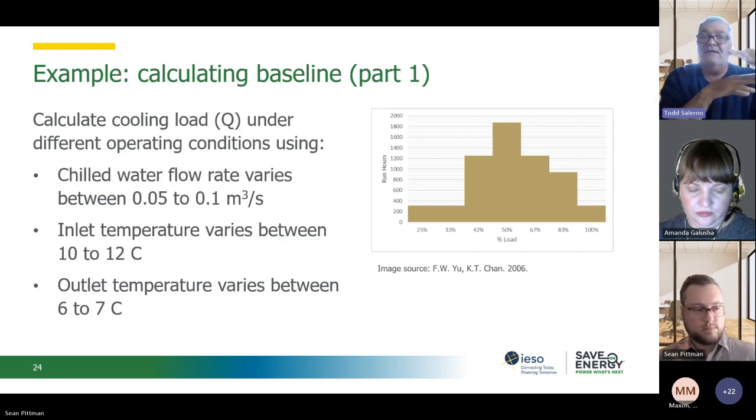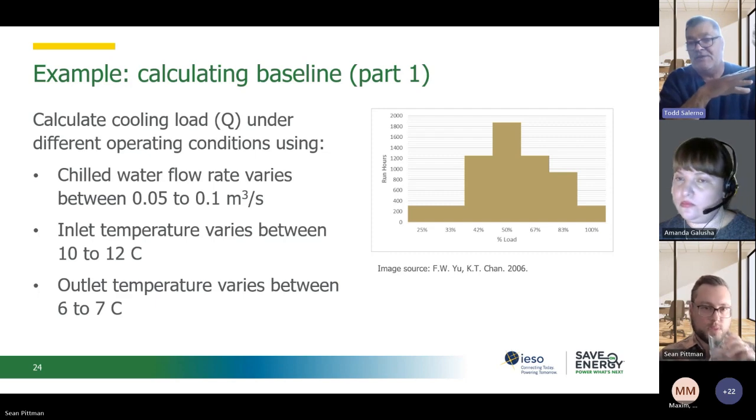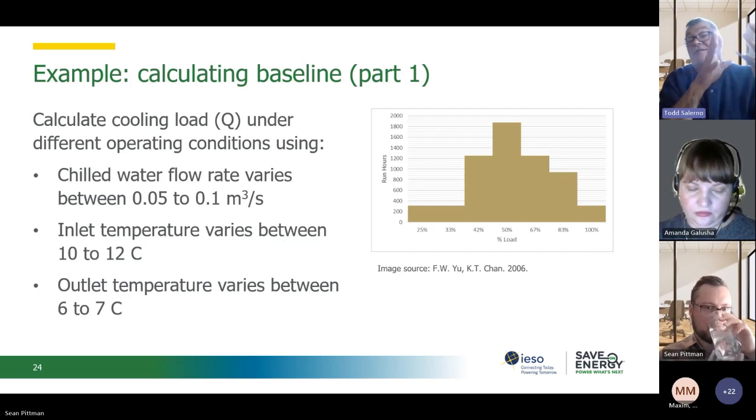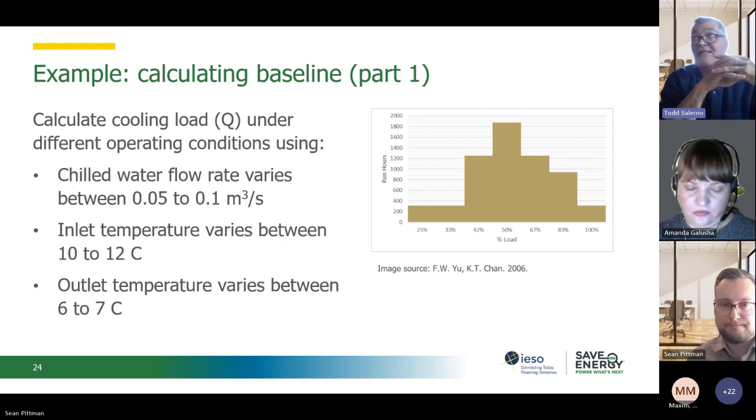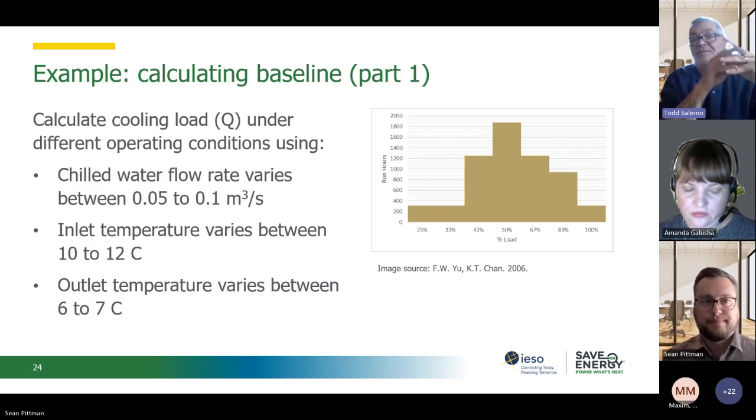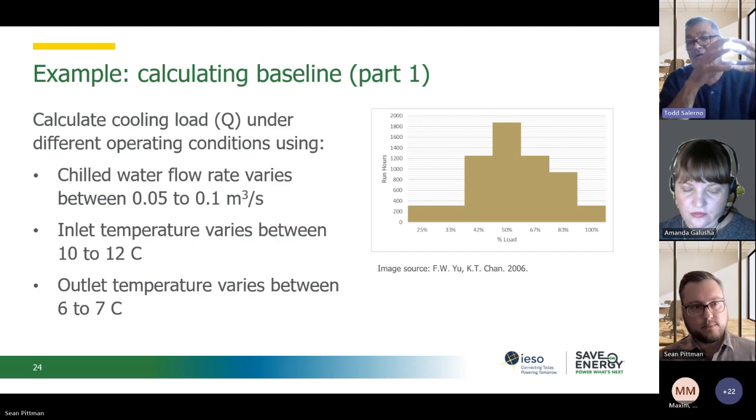So that's how you can project the hours per year. And then you get onto the industrial side, you could be in a situation where it's a process that is fairly constant, or it varies according to units of production that you can relate it to.